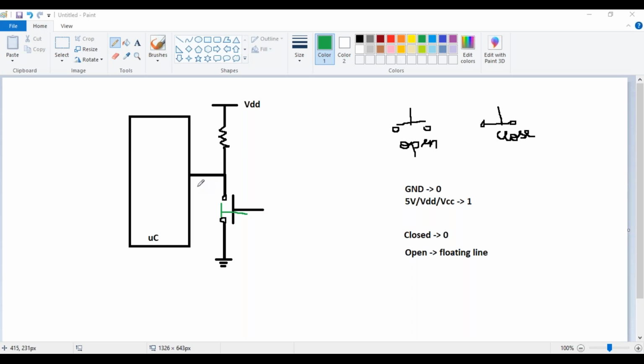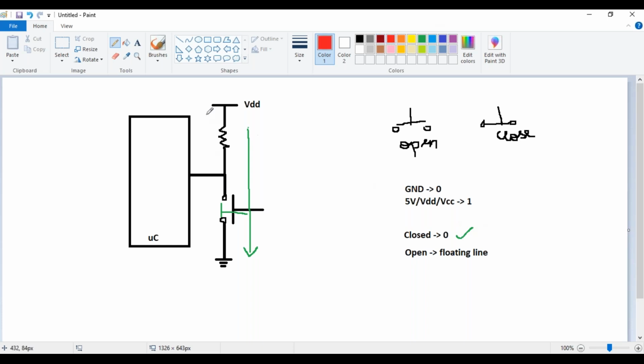So if the switch is closed, remember the current from VDD is going to flow to the ground like this. When the switch is closed, current from VDD is flowing to the ground, so you will identify a ground here, hence a 0 will be identified.